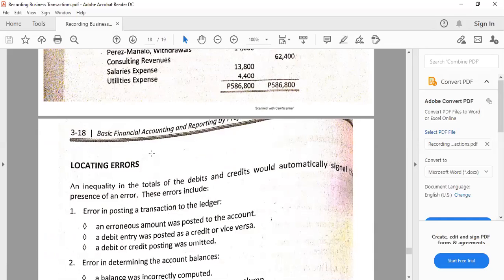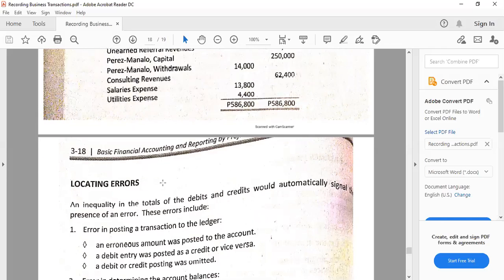So in that case, we don't have to jump immediately to the conclusion that we were erroneous in the posting and in journalizing or recording of transactions or the recognition process. So what we do is that we have to work backwards and we think of what recent step that we have made.